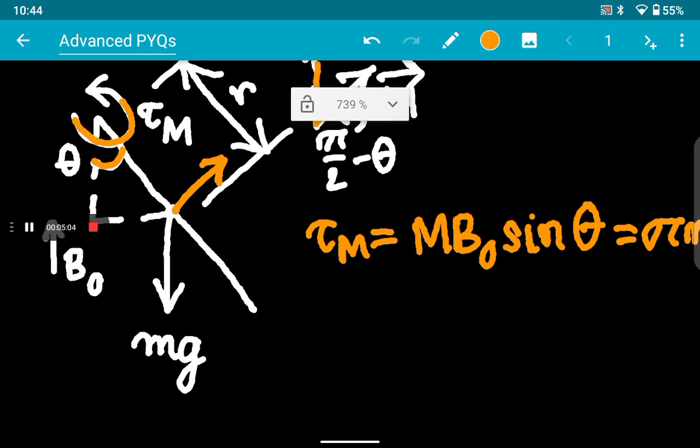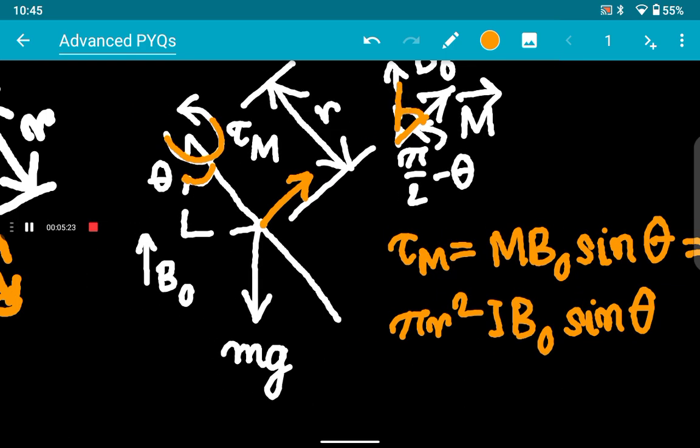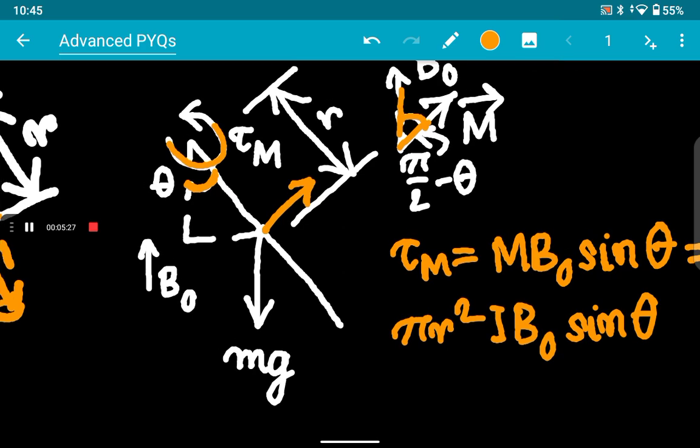Okay, and now this is equal to the torque due to gravity. So we may simply write pi r square I B0 sin theta. And what is the torque due to gravity? This angle is theta, and this is our... oh, I have made a mistake.